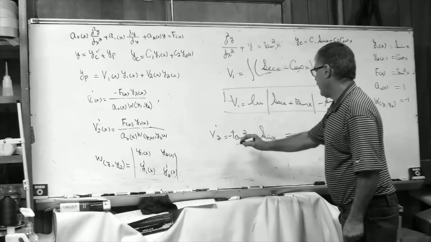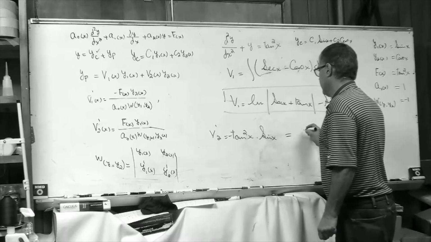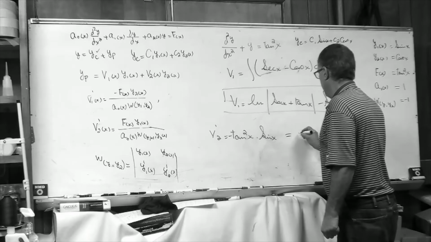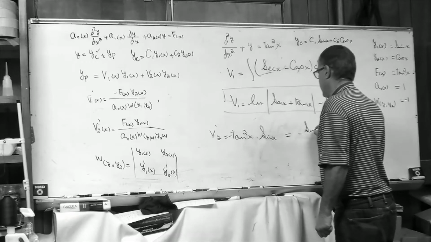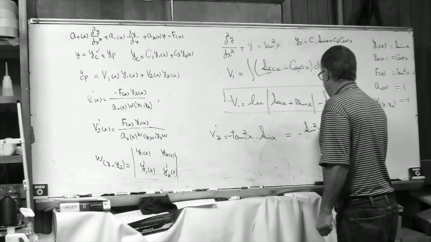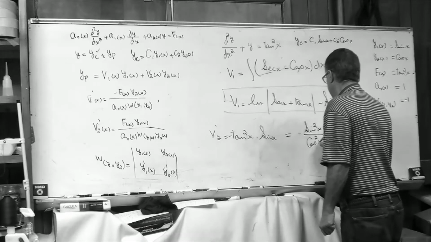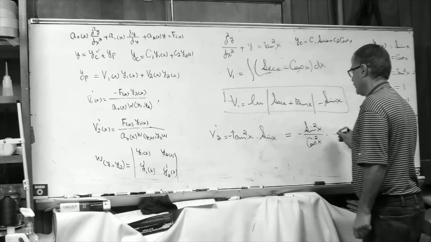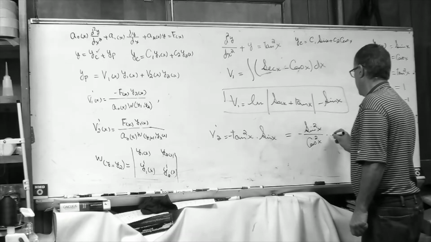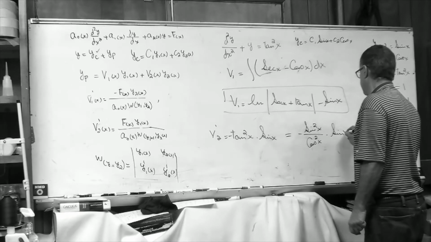Now we can simplify this. We can write this as minus sine square of x divided by cosine square of x times sine of x.